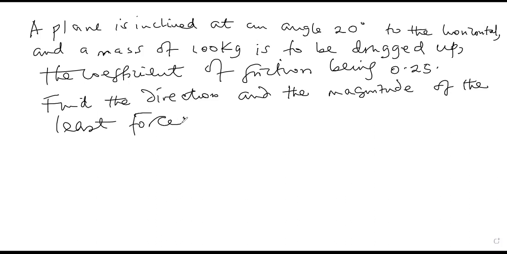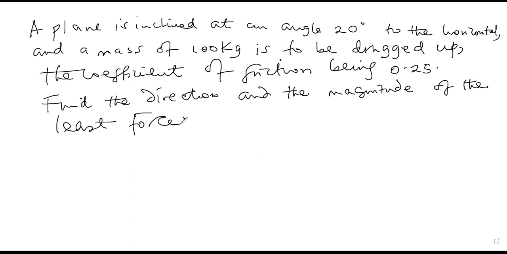Now, a clue. They have not told us that the force is acting parallel to the plane. Therefore, we shall take it to be inclined at a certain angle, like theta. All right, so theta will be the angle of inclination of the force. And since the particle is being dragged up, then the frictional force will be acting downwards.